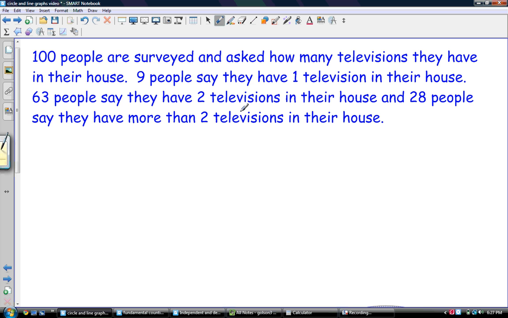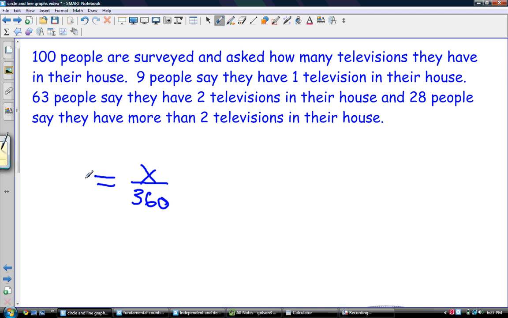Okay? Now, we know that every circle has 360 degrees in it. And so what we're trying to find is, for each section, how many degrees of the 360 in the circle should that section contain.